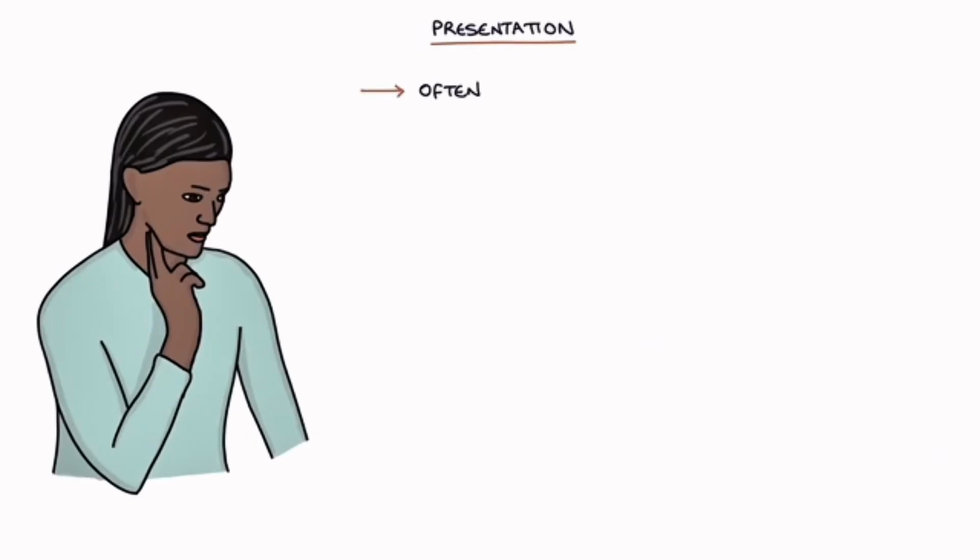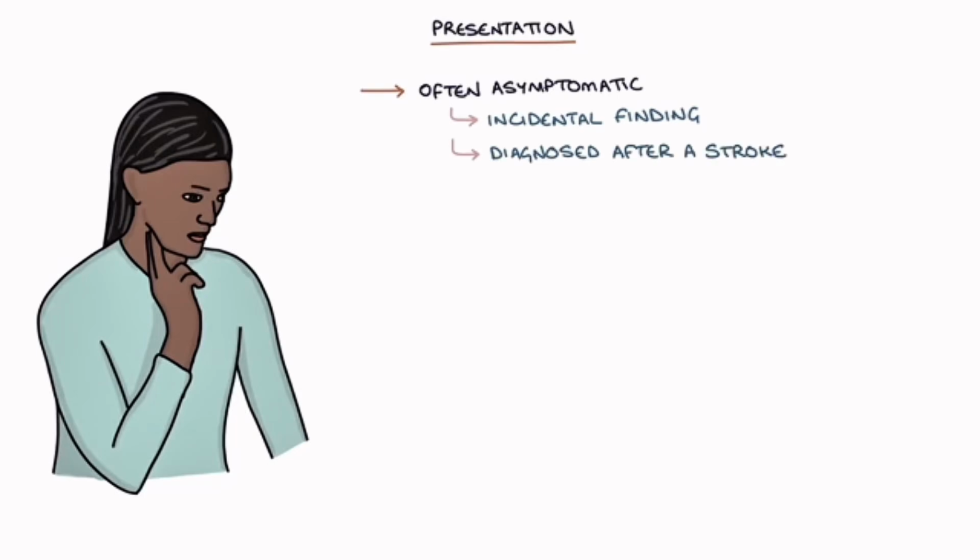Next, let's talk about presentation. Patients are often asymptomatic, and atrial fibrillation is an incidental finding when checking their pulse. Atrial fibrillation can also be diagnosed after the patient has a stroke.